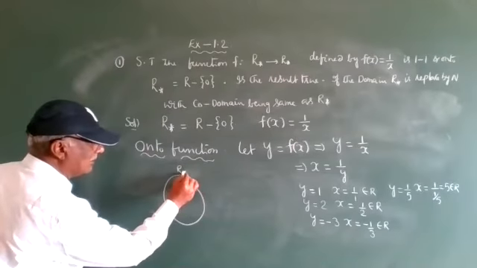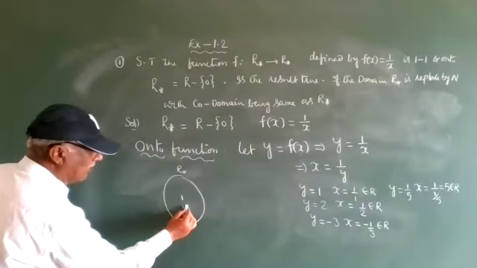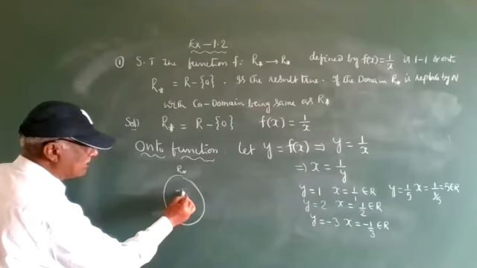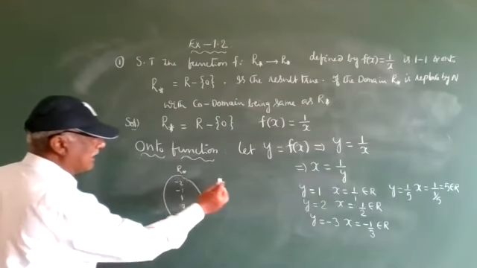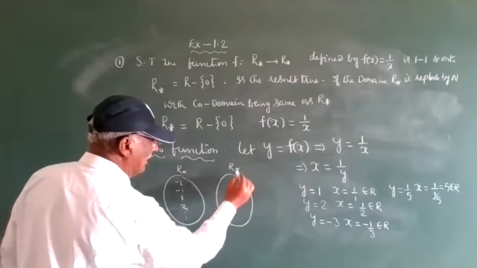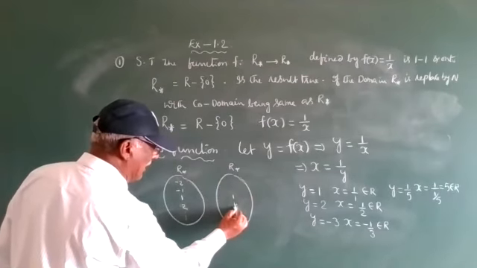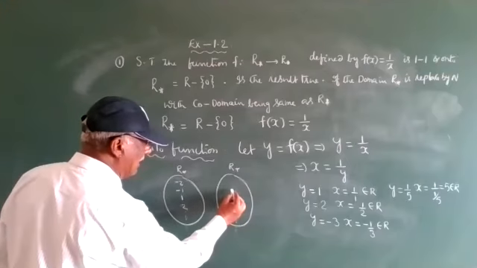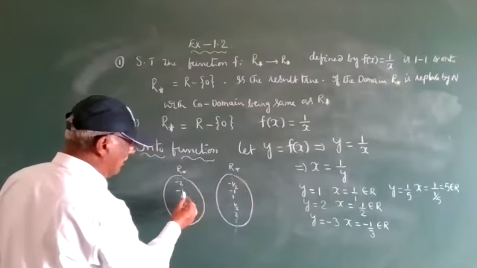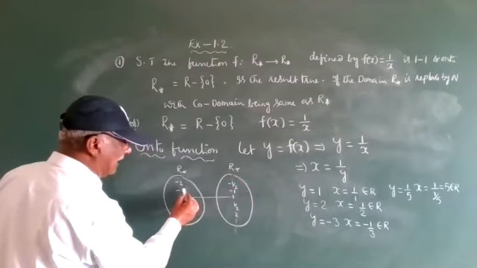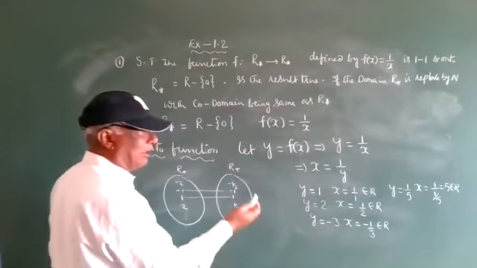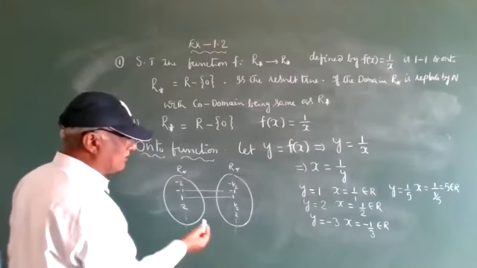Here 1, 2, etc., minus 1, minus 2, etc. Here is the R star: 1 by 2, 2, etc., minus 1, minus 1 by 2, etc. For 1 we get 1, for minus 1 we get minus 1.